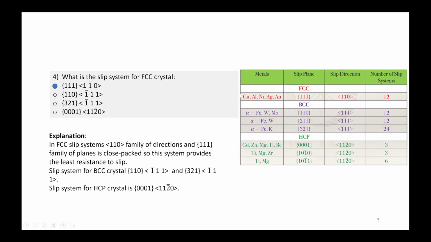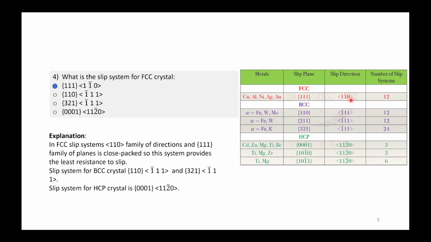Answer will be A. Now from here we can see that for FCC elements such as copper, aluminium, nickel, silver and gold, the slip plane will be 111 type and slip direction will be 1 bar 10. So there are 4 such planes and 3 such directions.